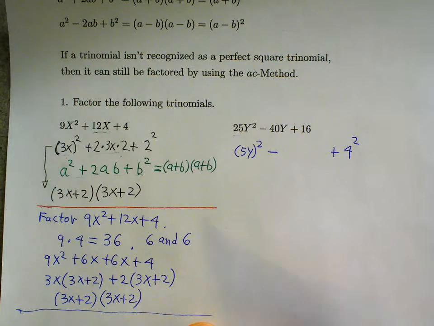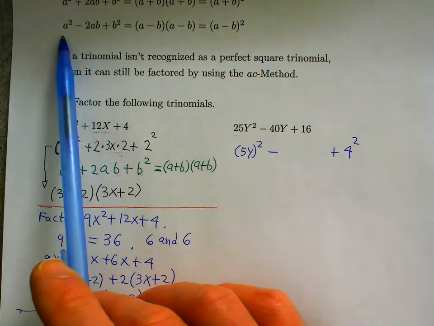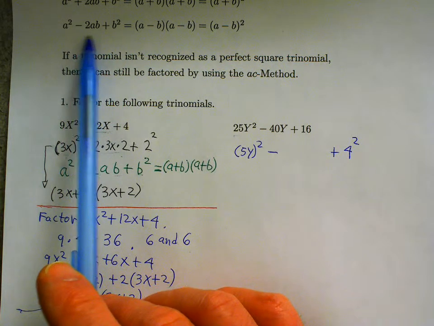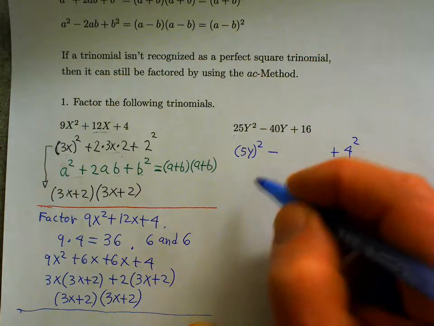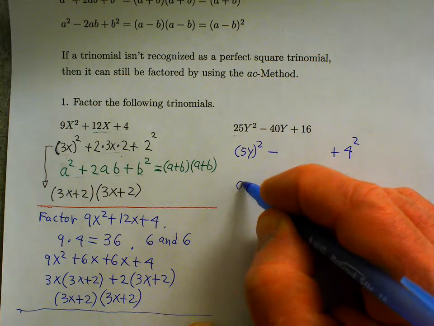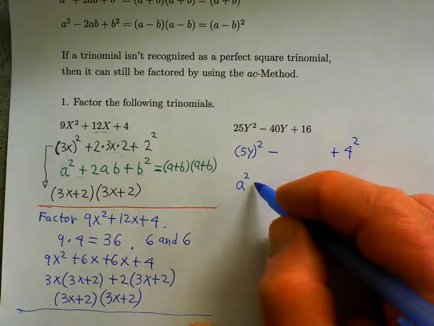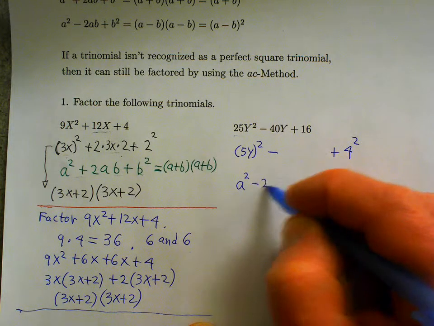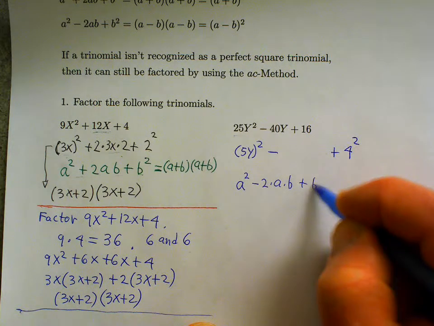Okay, so this time we're looking at this perfect square trinomial up here, a to the second minus 2ab plus b to the second. So we want to know if this trinomial has the right form, a to the second minus 2 times a times b plus b to the second.